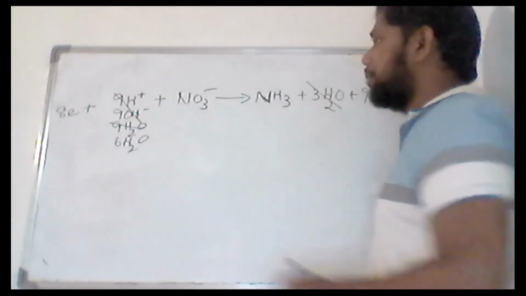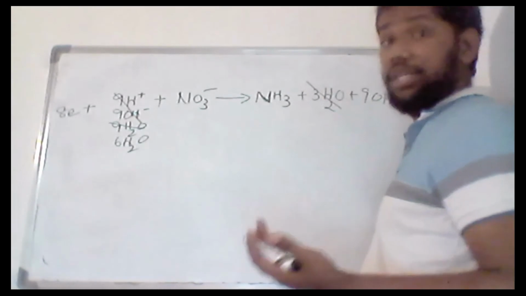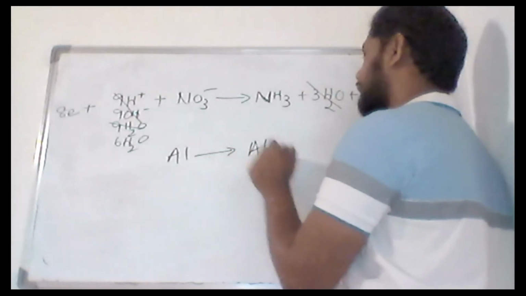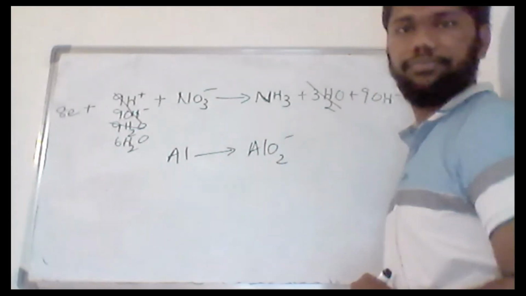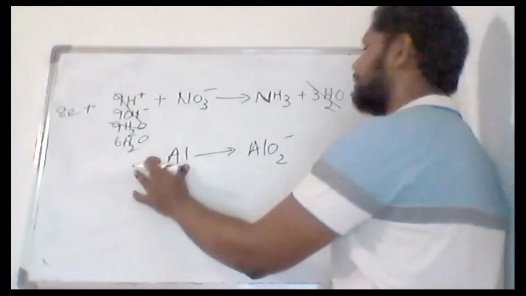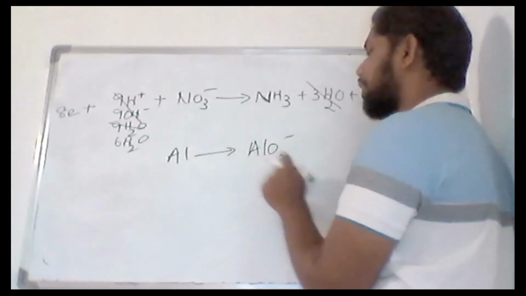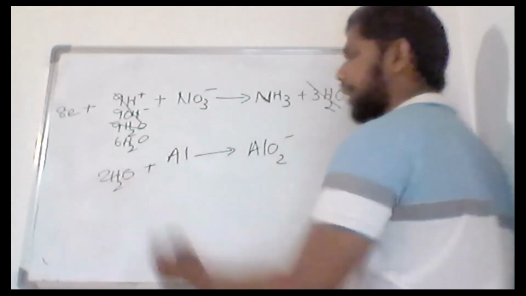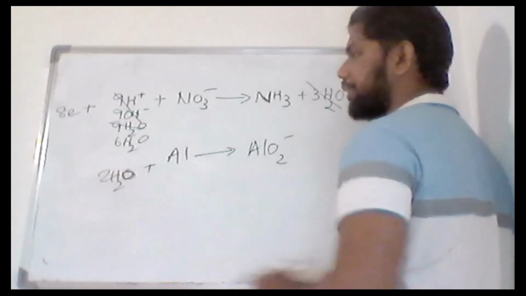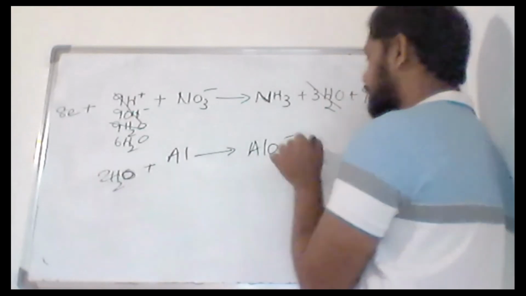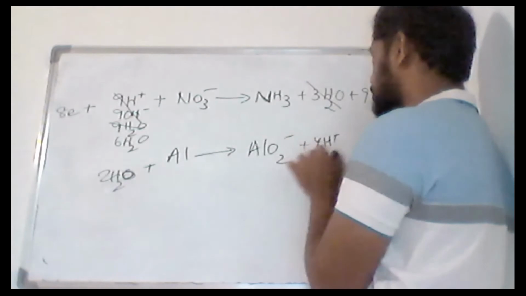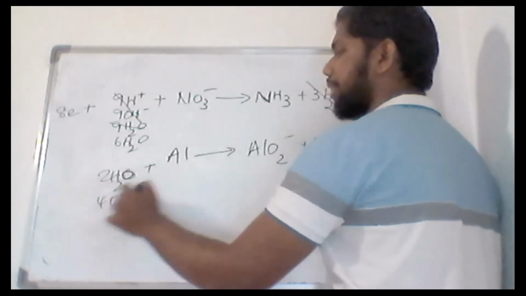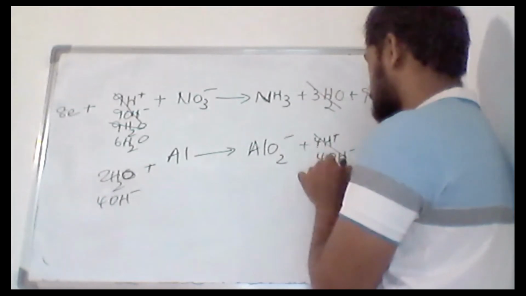The other process that is happening: you add aluminium, and what it undergoes is it goes to AlO2 minus. You have aluminium on both sides, so you have two oxygen. I'm going to add 2H2O to this side to balance the oxygen, and there will be 4H plus, 4OH minus, and 4OH minus, so there will be 4H2O here.